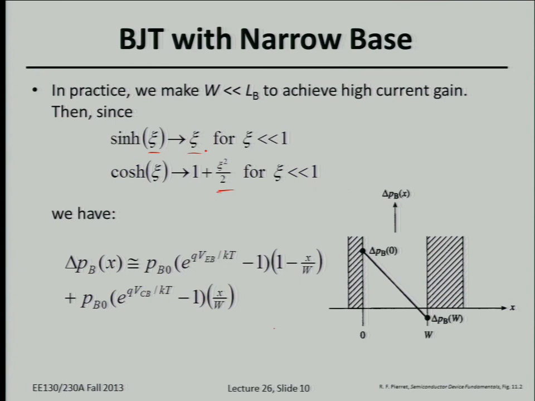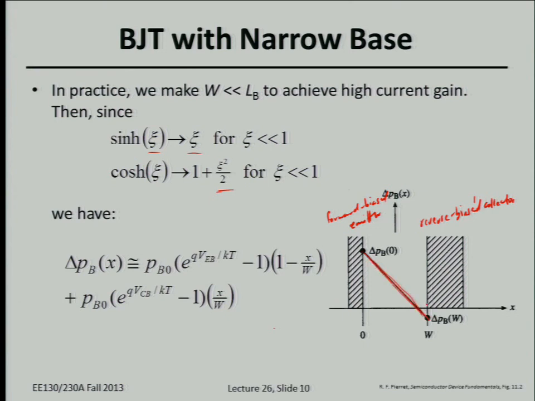Okay, so just like before for the short base diode, you end up with a straight line. In this case we have a reverse biased collector and a forward biased emitter. But the key is that the slope of the excess carrier concentration is constant.